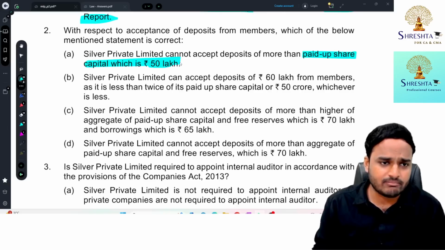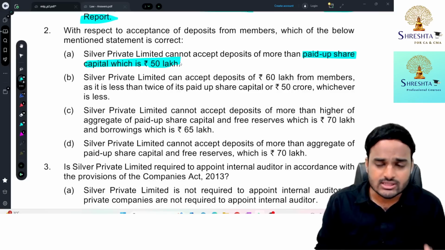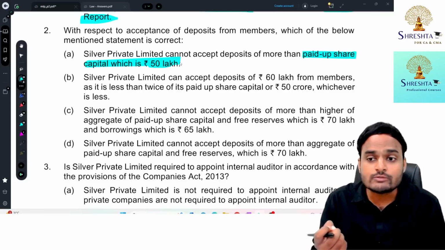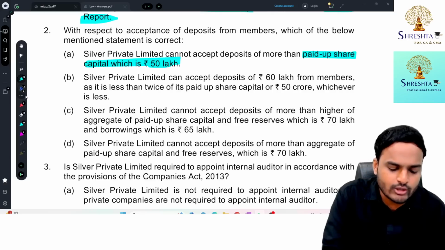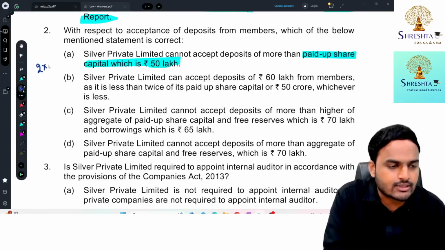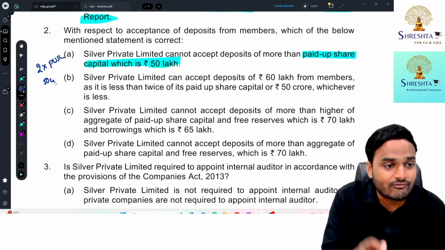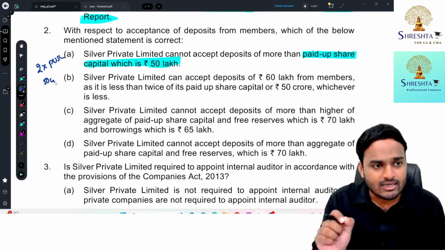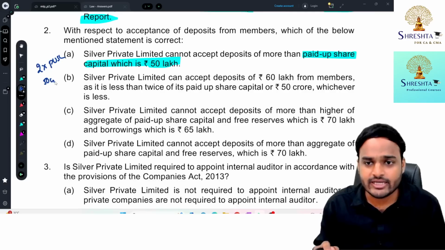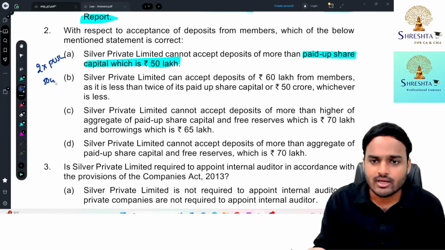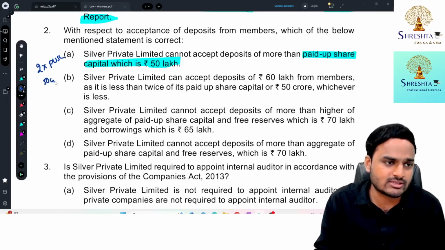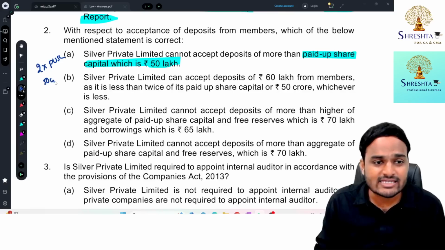And a few private companies, which are treated as startups, or a company whose borrowings do not exceed twice its paid up share capital or 50 crores, whichever is less, and which has not defaulted in repayment of those borrowings and payment of interest on those borrowings, such private companies can accept deposits even without limit.